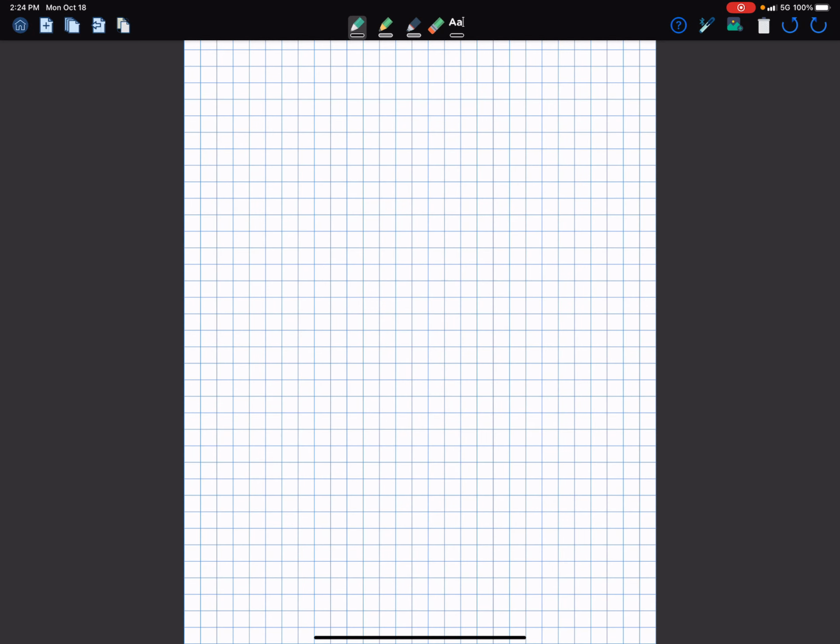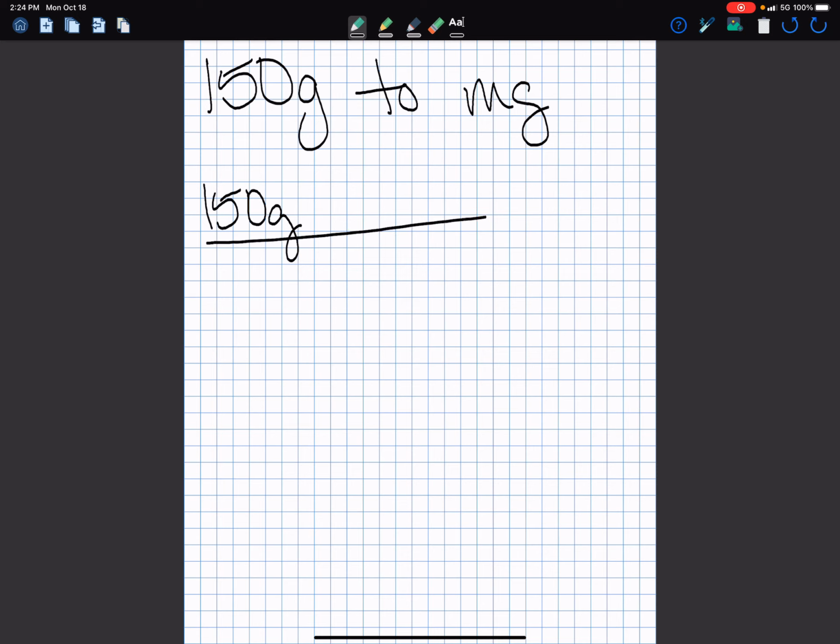Okay, next one. Let me lay this down like a piece of paper so we can do it a little bit better. All right, we've got 150 grams to milligrams. Now, you may be able to do this in your head, and that's fine, but we're going to work it out as a problem. So 150 grams. I need to get rid of grams, so they go on the bottom. So 150 grams.